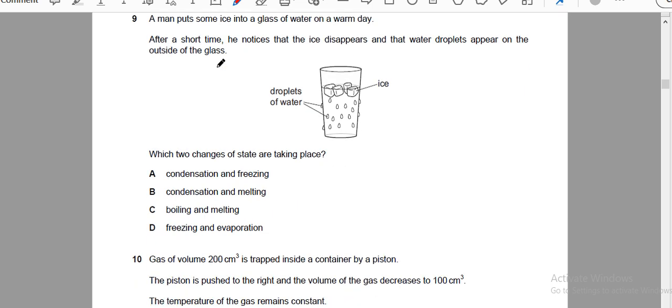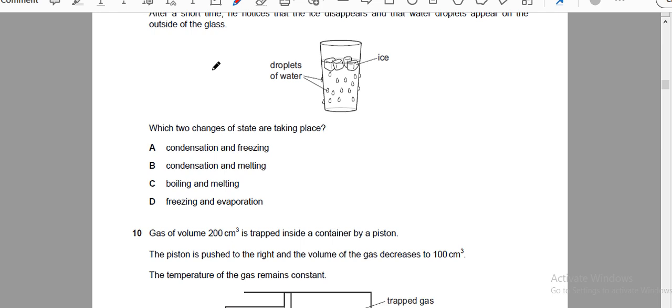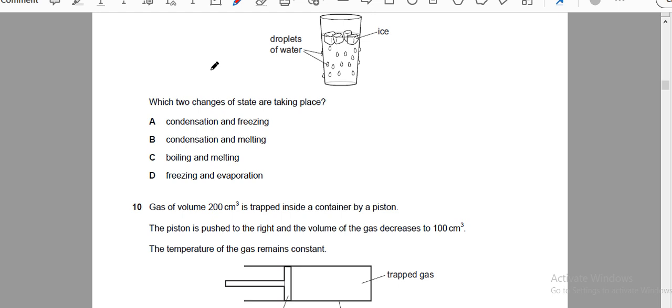Ice in a glass of water on a warm day. A short time later, the ice disappears, and water appears outside the glass. Which two changes are taking place? Ice disappears, it will be melting, and water droplets appear, it will be condensation.